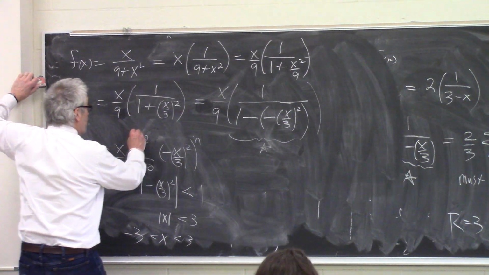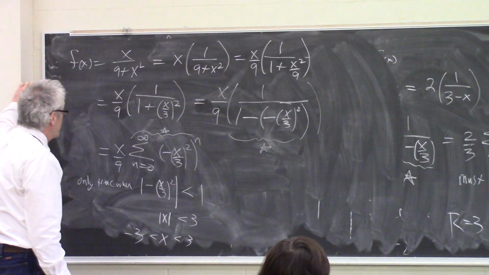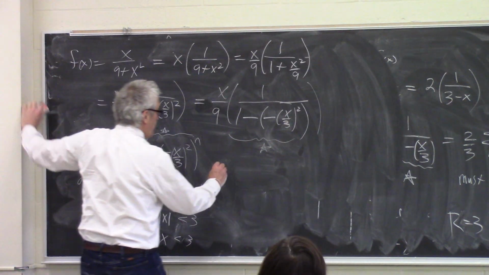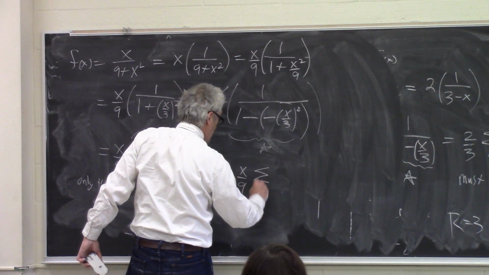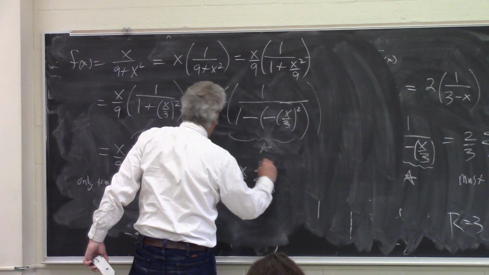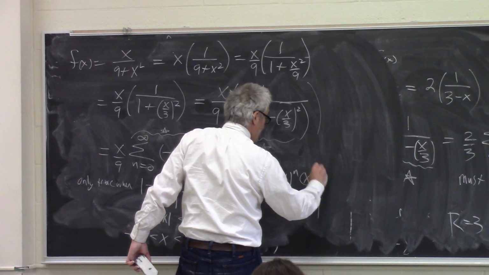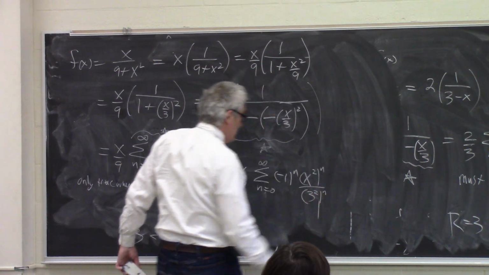So, here we recognize star and we put in the series version of star. Let's clean this up by writing the factors separately. So I have minus 1 to the n times x squared to the n over 3 squared to the n.